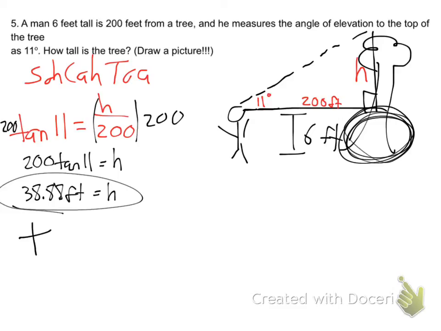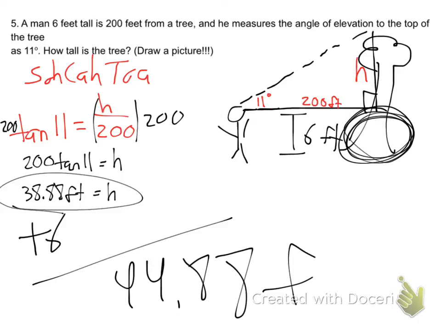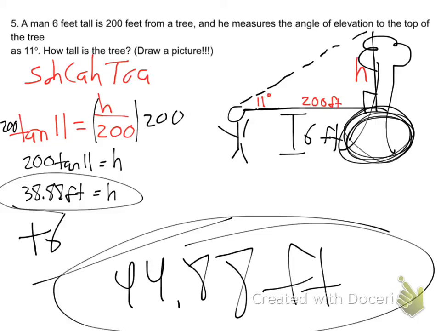So now I just have to add 6 to all of that, and you get 44.88 feet. That's what that 6 feet can do to you. If you forget that, you did all this stuff mathematically correct, but you just didn't finish the problem.